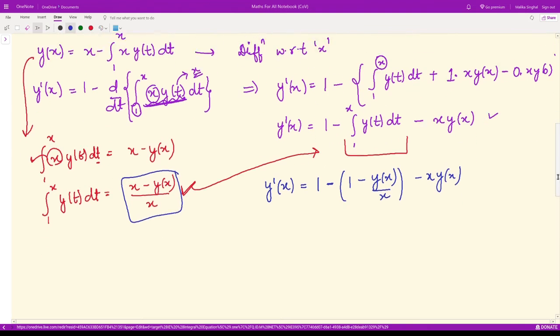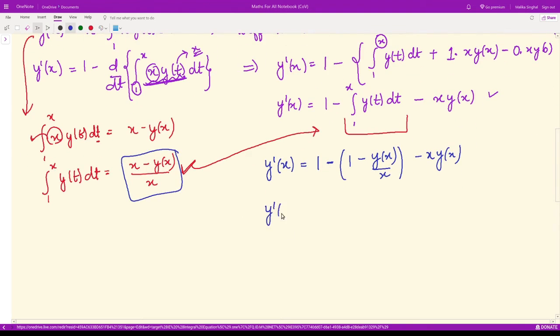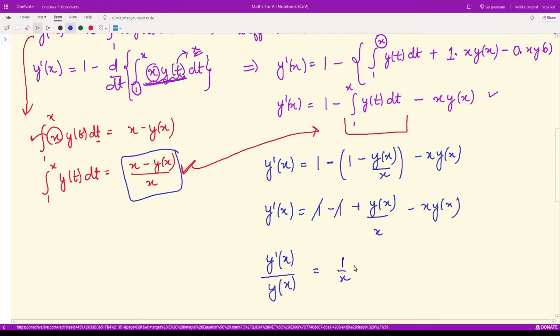So this would give me y dash of x is equal to 1 minus 1 plus y of x by x minus x y of x, right? This 1 and 1 cancels, so we'll take the y of x common and divide it on the left hand side. So we'll have y dash x divided by y of x, that would be equal to 1 by x minus x. So now we can integrate both sides, right?